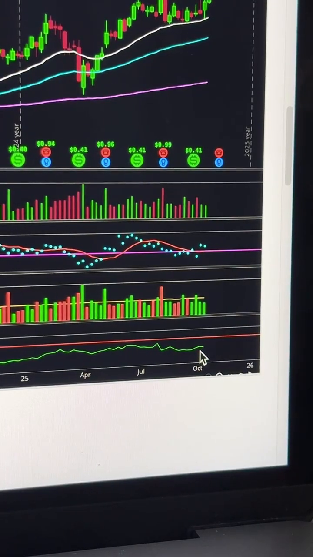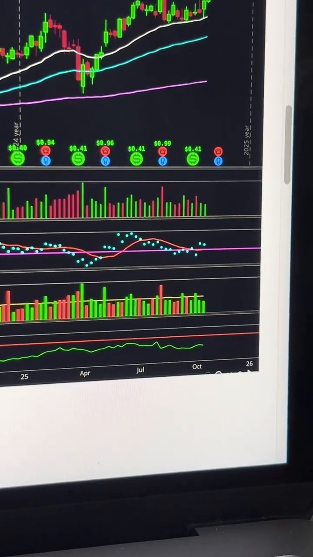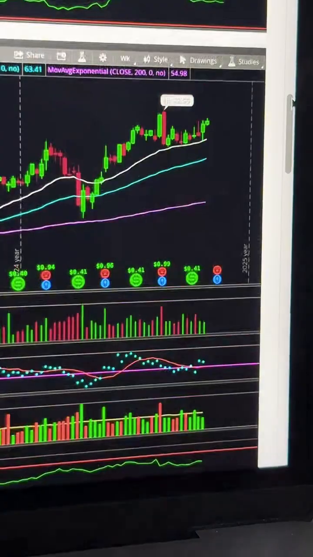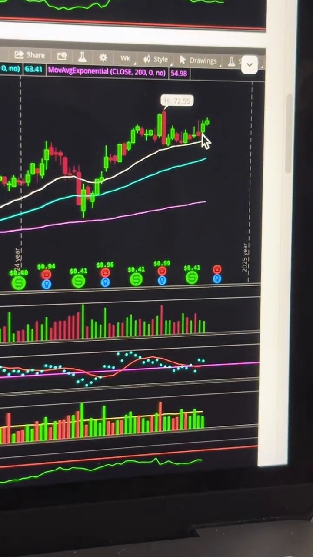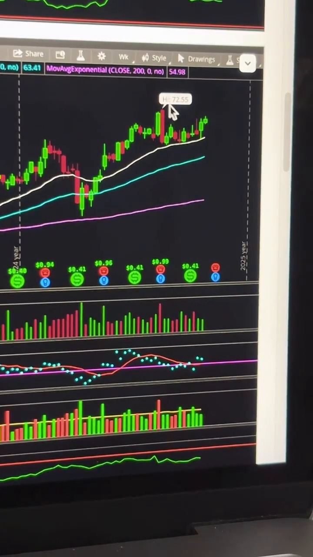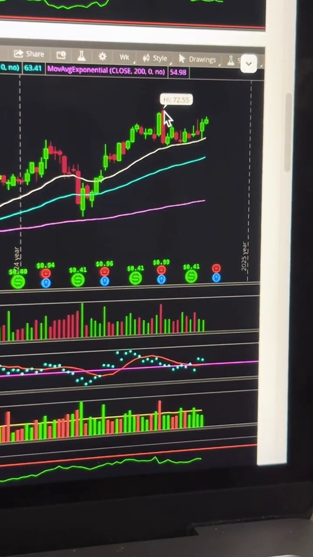So this is one that I probably wouldn't choose in the tech sector, but I would look at it as maybe an early entry before coming back to, I don't know if this is all-time highs or year to date. I'm not sure. But we're about $2 away from that.